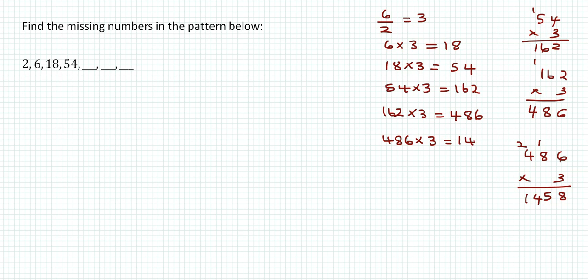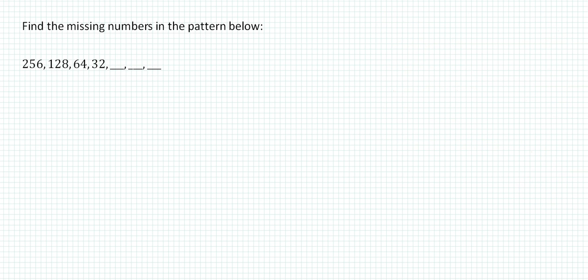So this is going to give us 1458. So our terms are 162, 486, and then 1458.